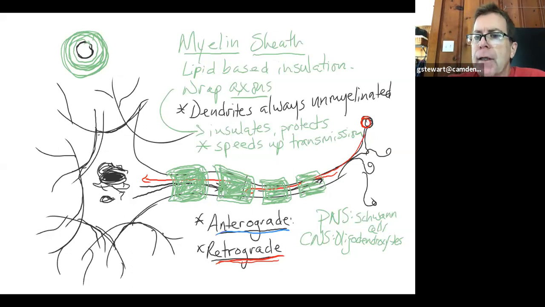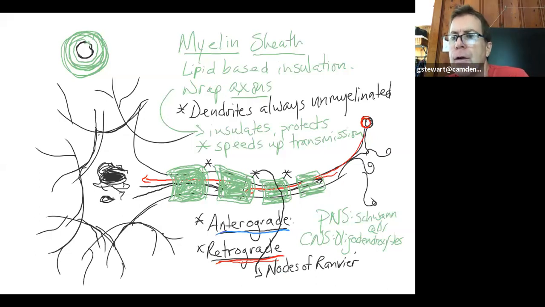These gaps, finally, these gaps that I've left in the myelin sheath have a specific name. They are called nodes of Ranvier, just named after the French guy who discovered them. So by definition, the nodes of Ranvier are gaps in the myelin sheath where I put little stars, okay?